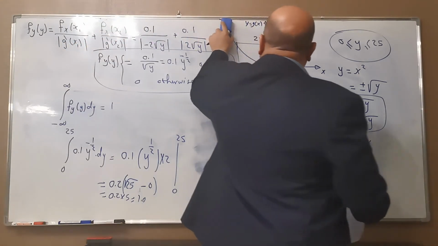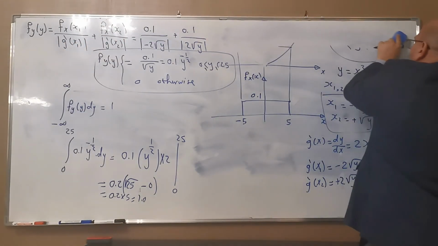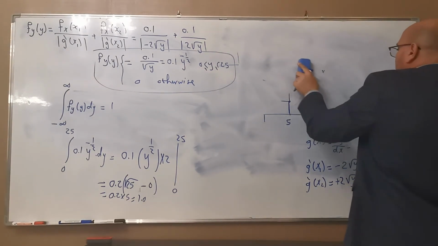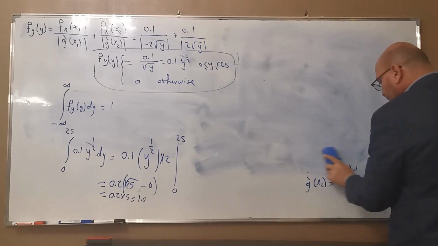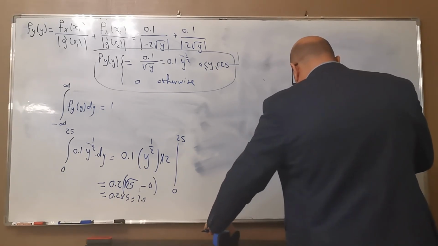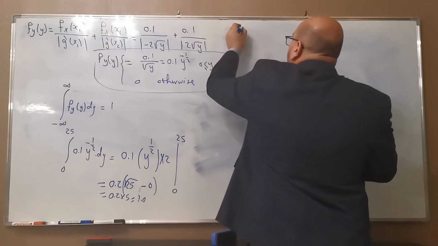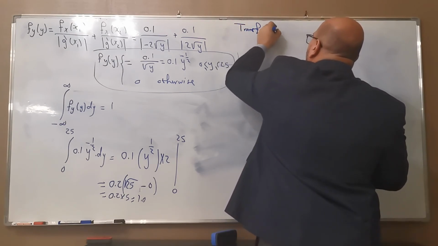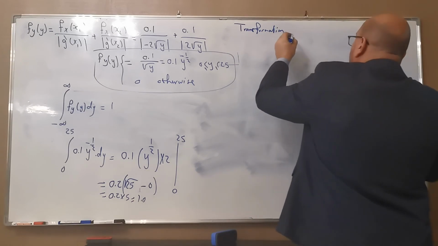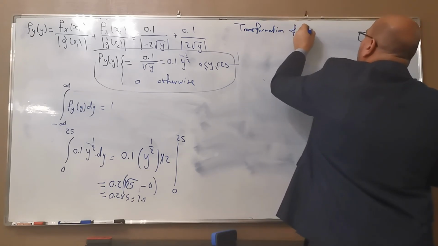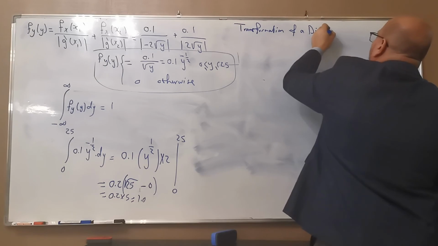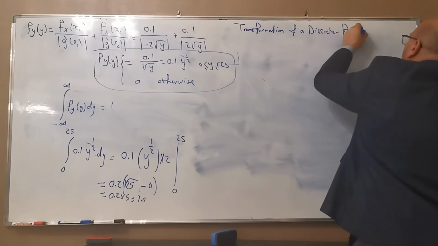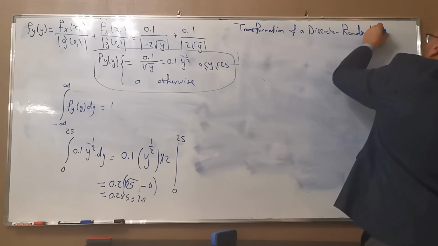Okay, let me point out something here. What if we have a transformation of a discrete random variable?